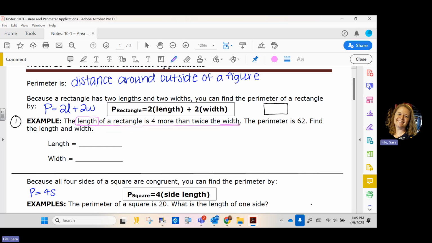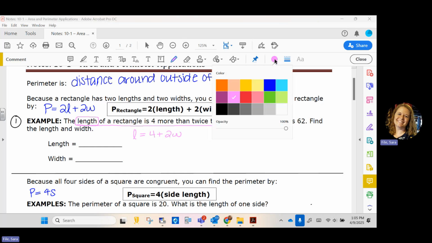So I'm going to write that out. The length is 4 plus twice the width. So that's 2W. So the length is 4 plus 2W. So you could use the formula and replace length with that expression.